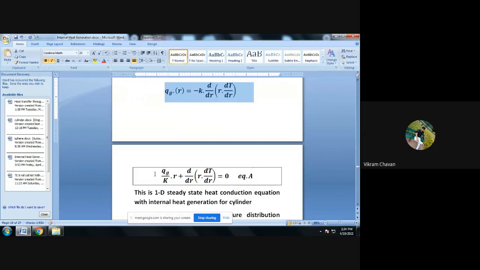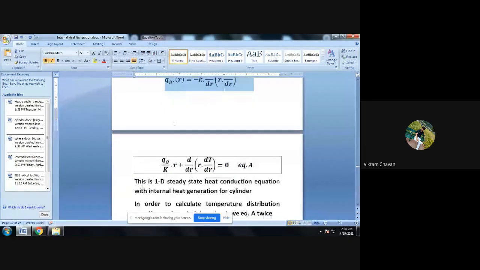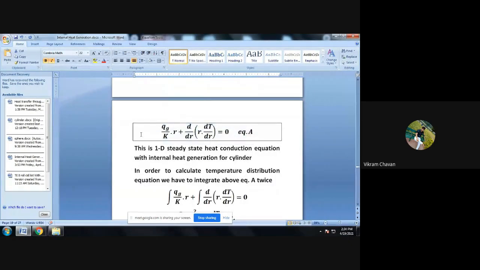Okay, write down this equation. Qg divided by k multiplied by r, plus the differentiation with respect to r of the bracket r multiplied by dT/dr is equal to 0. Give this equation number as equation A. This is the one-dimensional steady-state heat conduction equation with internal heat generation for a cylinder.